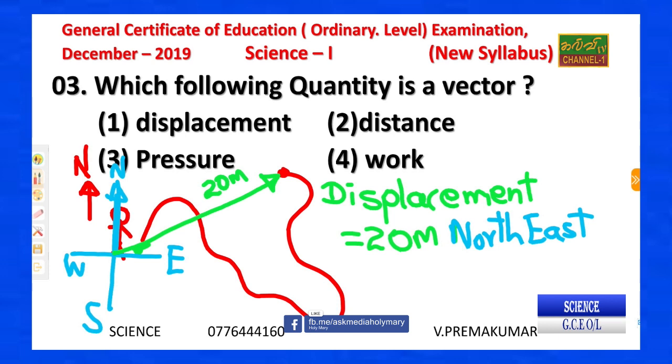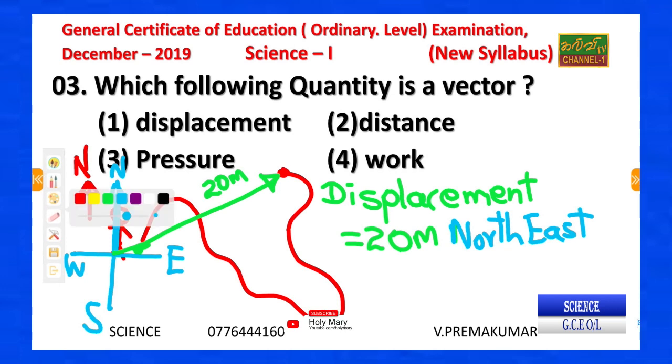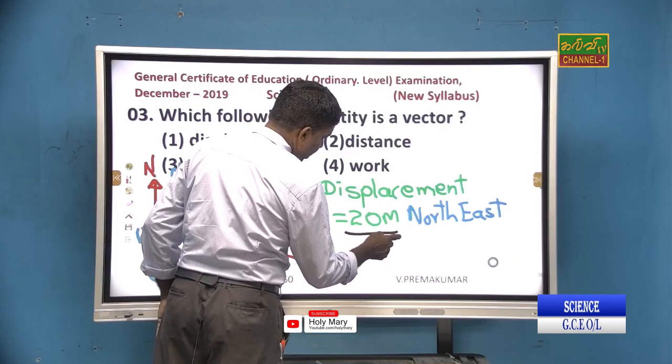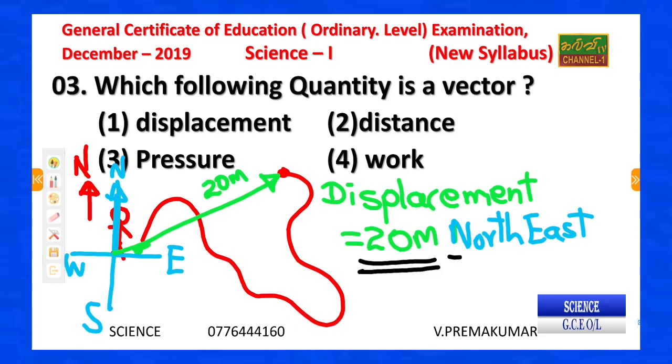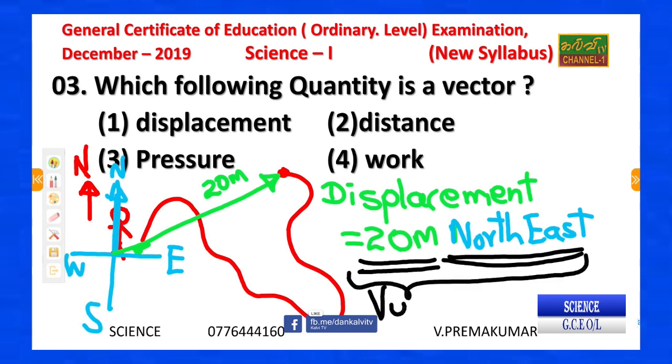But here, when I express the value of displacement, I have said two things. Value, that is magnitude, with direction. Therefore, it can be called a vector quantity. A vector quantity contains magnitude as the first one, and the second one is direction.